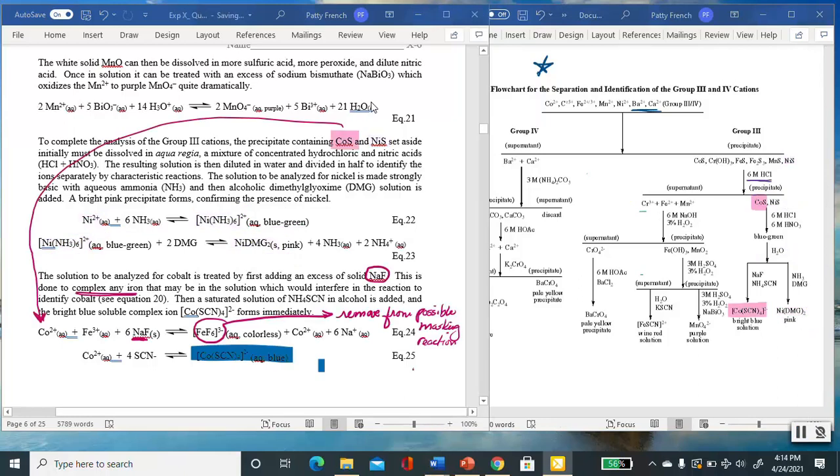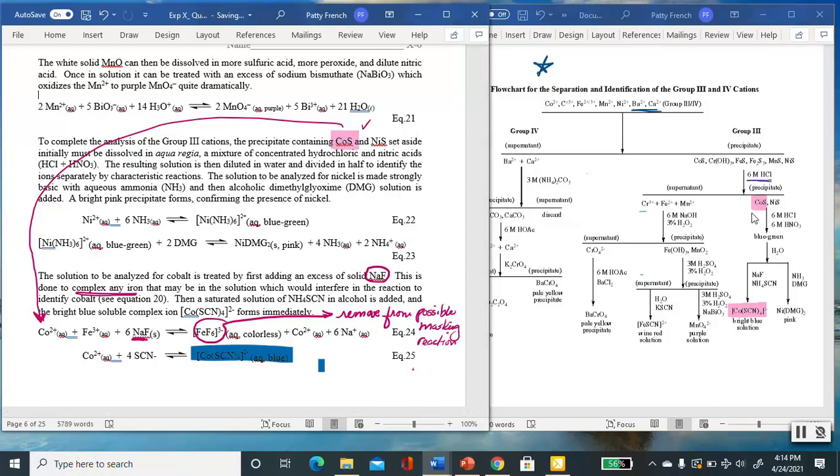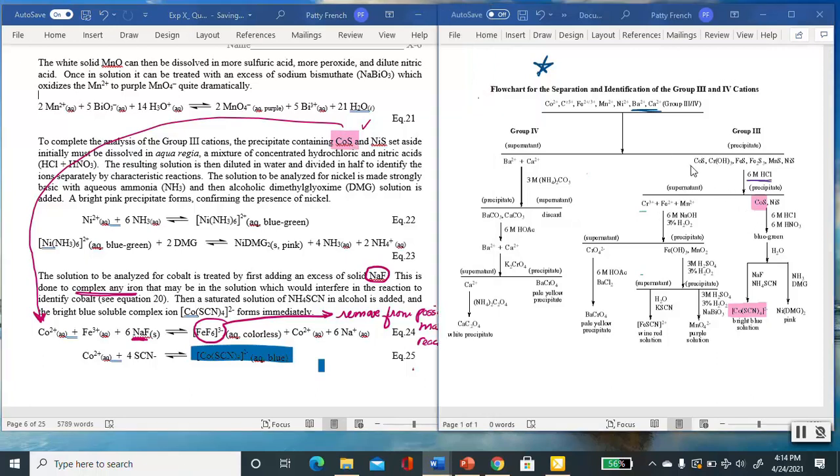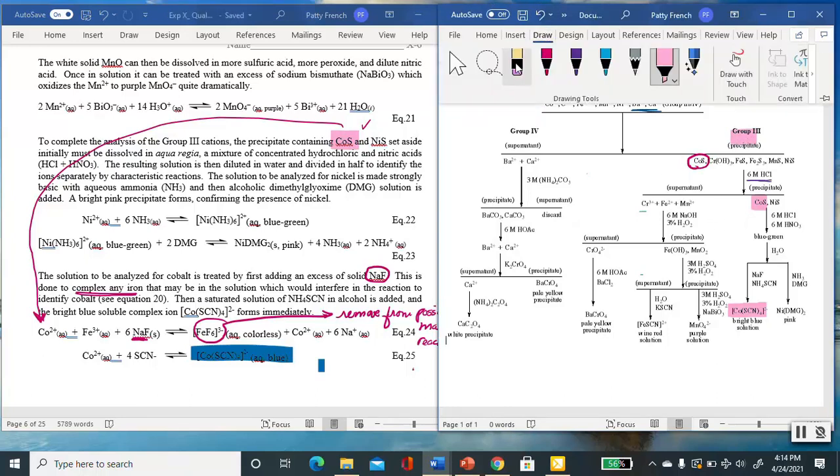All right, so the last cation we have in group 3 is the cobalt sulfide compound, which is cobalt 2+. And it's bound up in that precipitate that we got for group 3. We did the same thing to it again that we did to nickel.